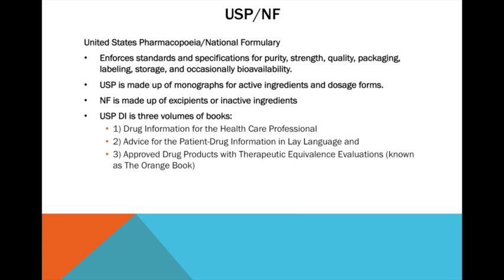NF is made up of excipients or inactive ingredients. The USP/DI is 3 volumes of books: drug information for the healthcare professional, advice for the patient, drug information in lay language, and approved drug products with therapeutic equivalent evaluations, known as the Orange Book. Now, I know it might be a silly question, but what does lay language mean?